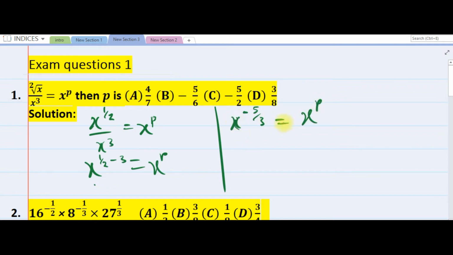As you can see, for these two functions to be equal, this x and this x implies that the powers must be equal. So the answer is minus 5 over 2. So the answer is C.